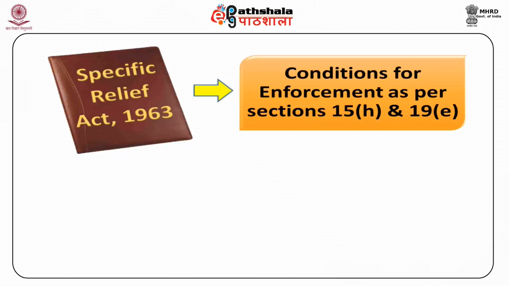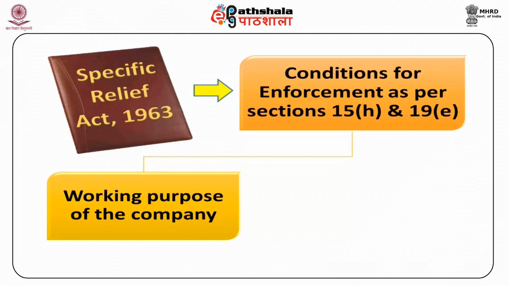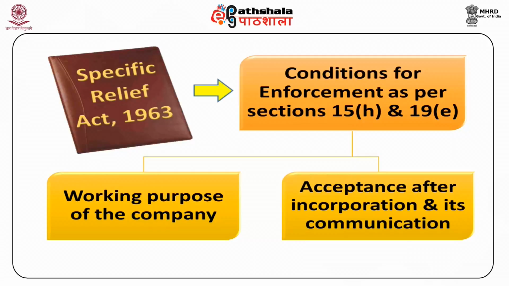A. The contract is entered into for the purpose of the company and such contract is warranted by the terms of incorporation; the term "for the purpose of the company" implies that the contract should be for the working purpose of the company. And B. The company accepts the contract after its incorporation and communicates such acceptance to the other party to the contract.